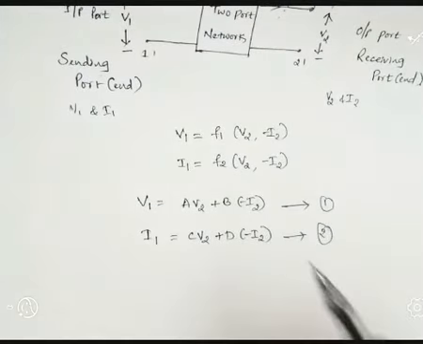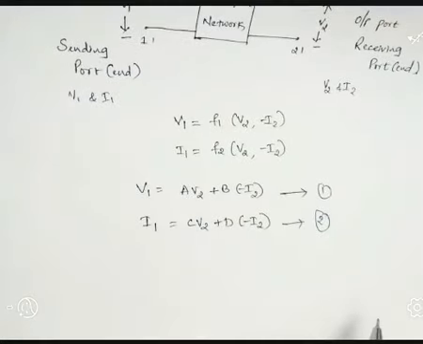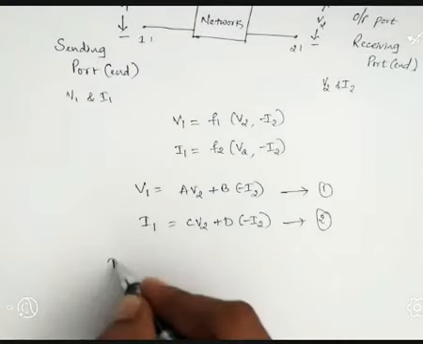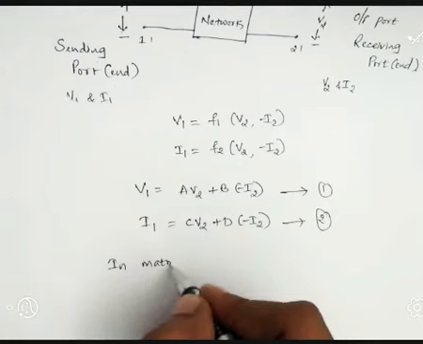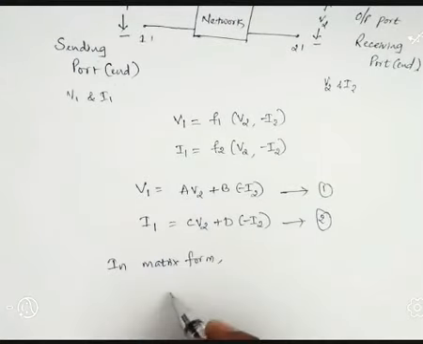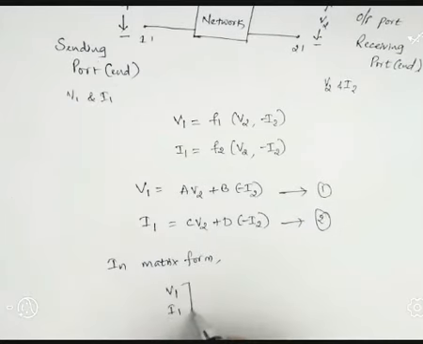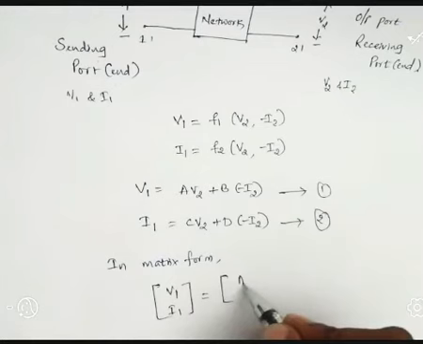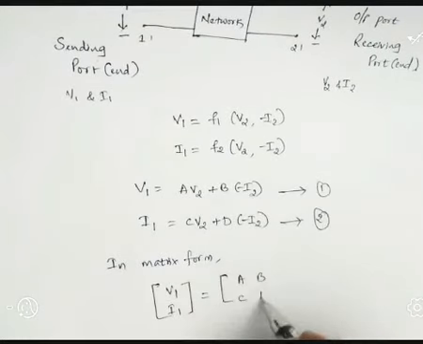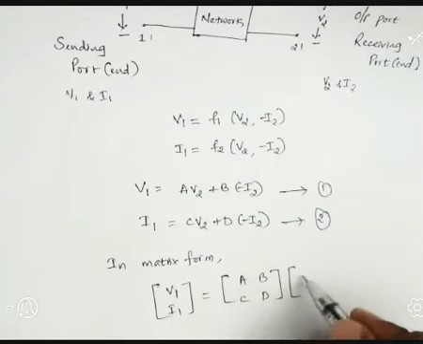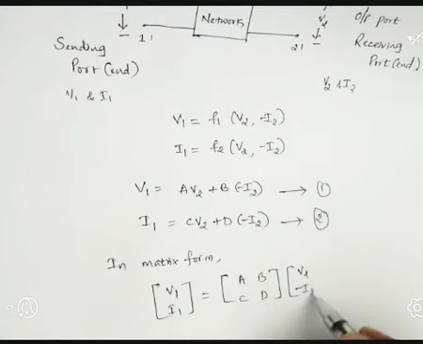These two equations, equation 1 and equation 2, let us express in matrix form. In matrix form, those are V1, I1, the dependent variables, equal to the ABCD parameters multiplied by the independent variables V2 and minus I2.